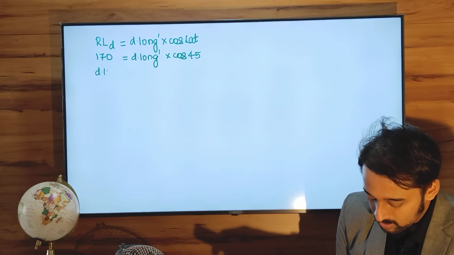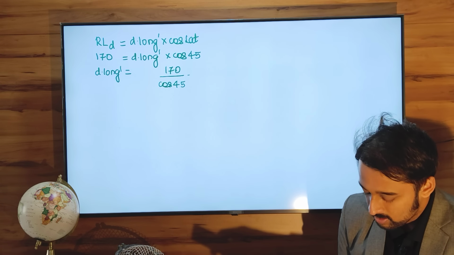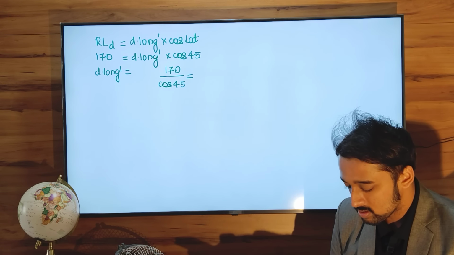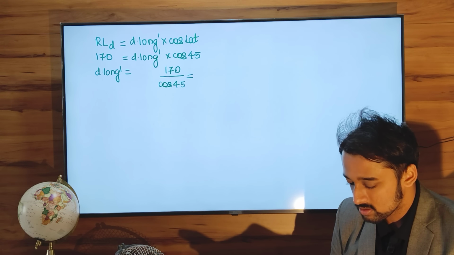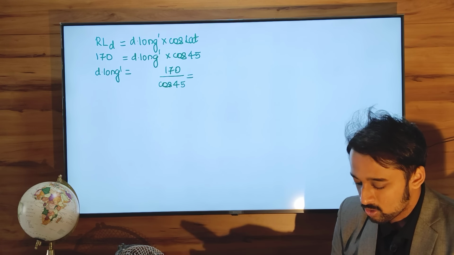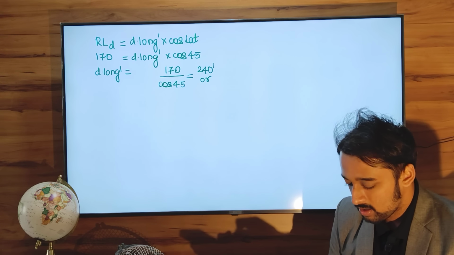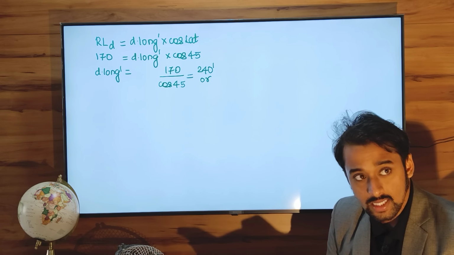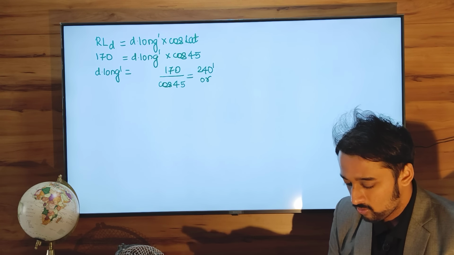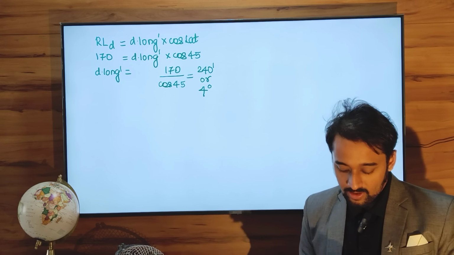So d long will be equal to 170 divided by cos 45, which is equal to 240 minutes, or divided by 60, 4 degrees.